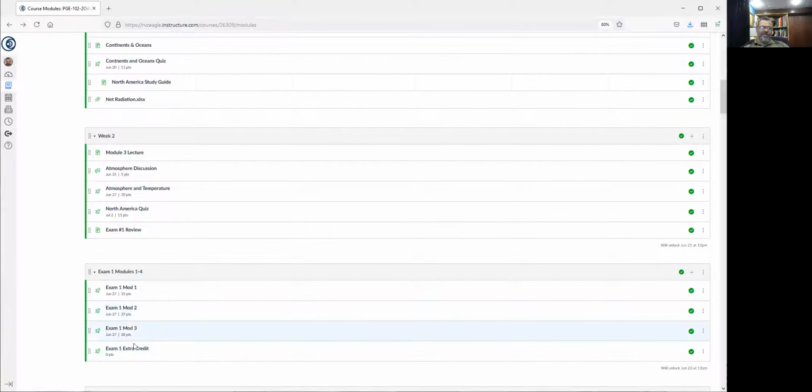You'll also notice in here, there is an extra credit question. If you haven't noticed, I like to give you guys extra credit. The extra credit question is an all or nothing, and you can only get this after everything else is submitted, which if you do read the syllabus, you must attempt every single portion of the exam to get credit for the exam.